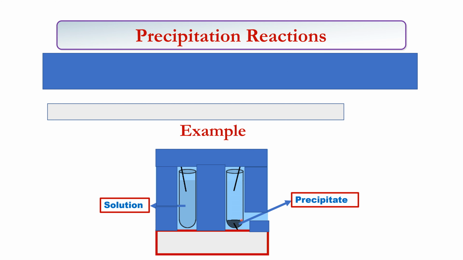This solid that settled at the bottom is called precipitate, and this is an example of a precipitation reaction. This is an example of a reaction that forms a clear solution.